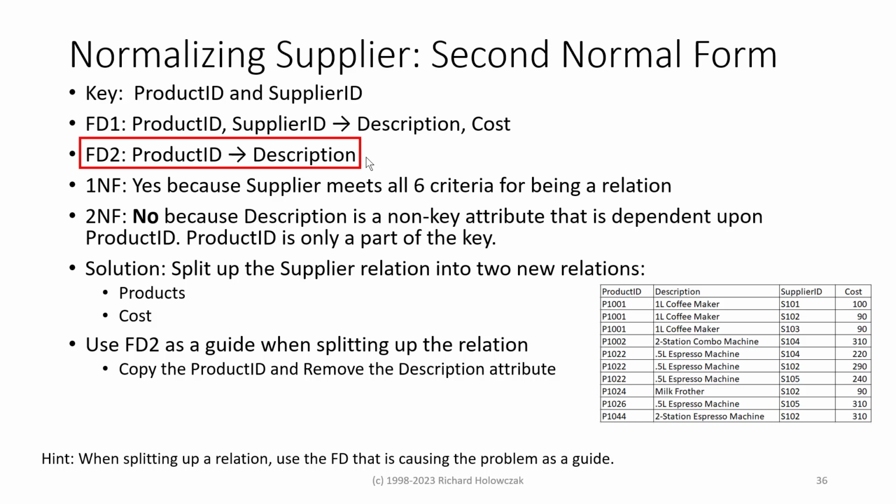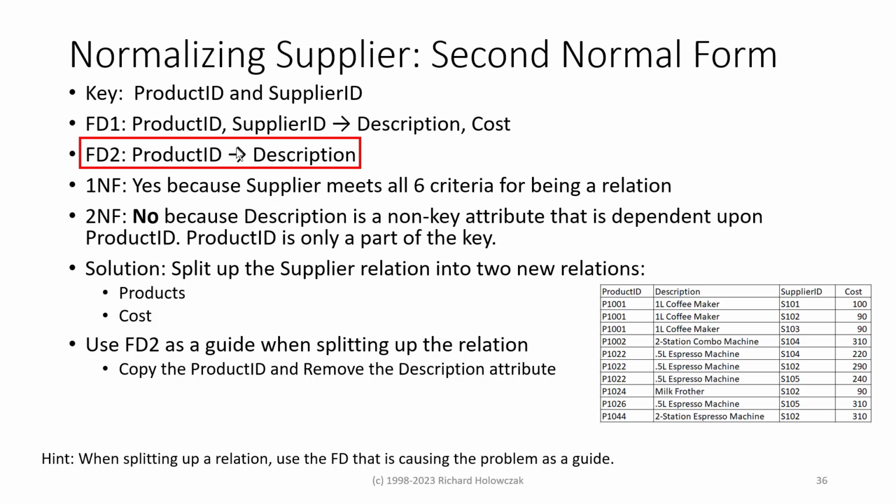So supplier falls back to first normal form. We say supplier, you're in first normal form, but no higher. You're not in second. You didn't make it because you failed this test. Whenever we get into the situation where we apply the definition of a normal form and we fail to do so, we stop. And our reaction is to split our relation into two pieces.